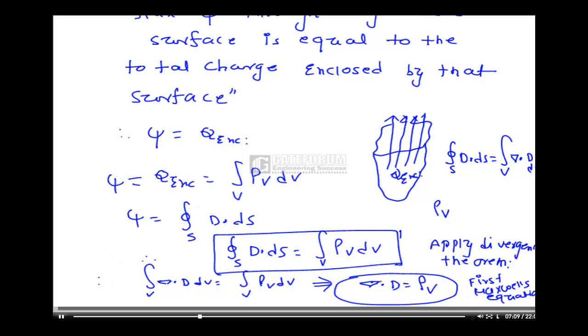This is also known as Maxwell's equation in point form or differential form.